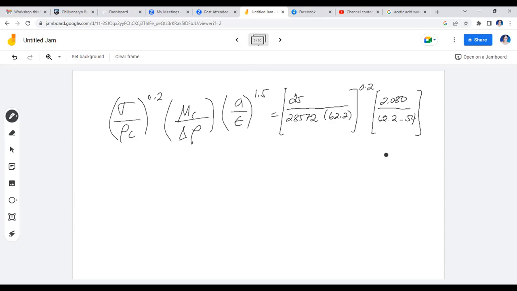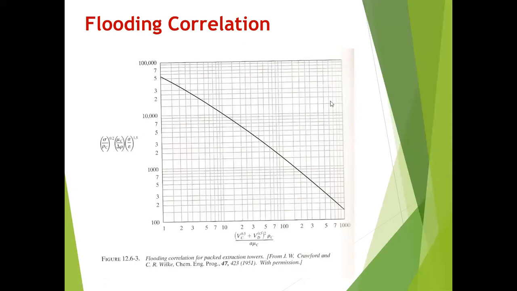And then I'll just write here the A. So where are you going to get the A and the epsilon? You're going to go back to our slide and get the A and the epsilon based on the packing material that was used.